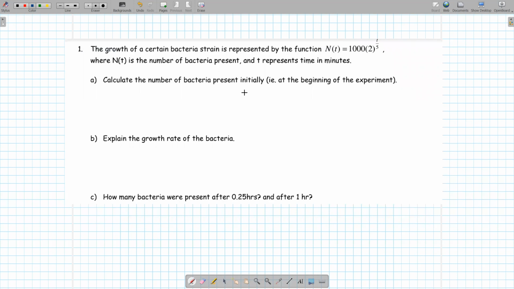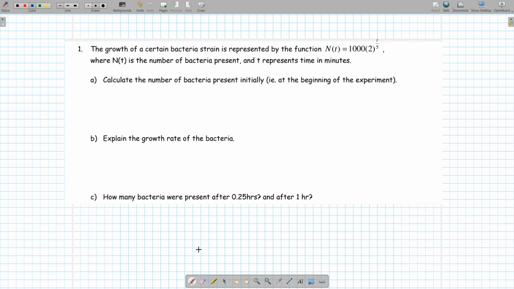It's asking for the y-intercept. On the y-intercept, what is 0? Something is 0. The x value, okay? The x value is 0. Initially means automatically time is 0.